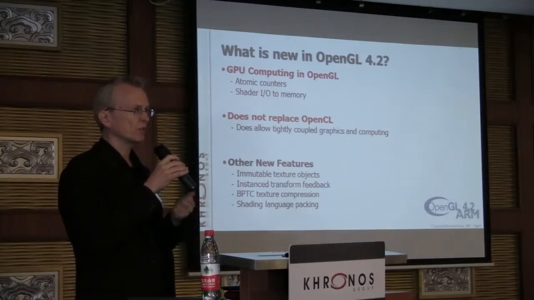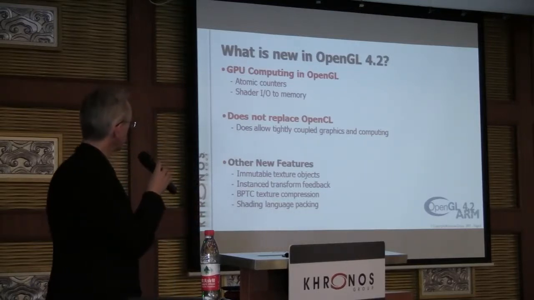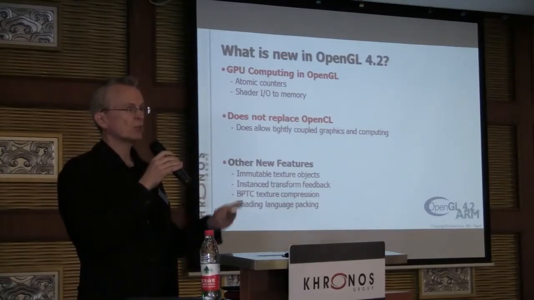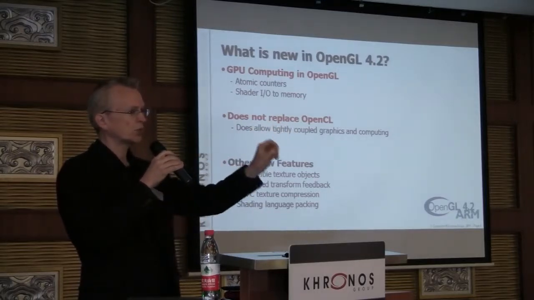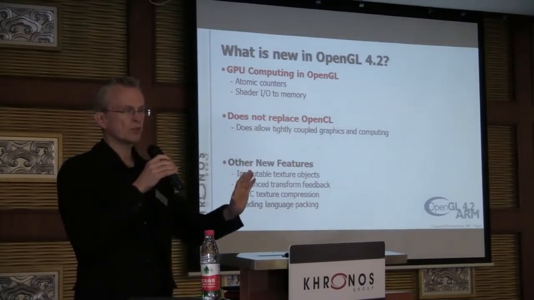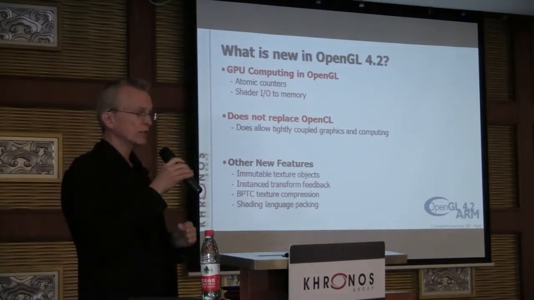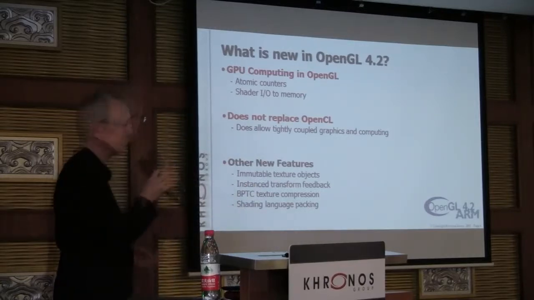So this helps performance if you can use immutable textures. Instance transform feedback allows you to capture the results of instance drawing calls. So you make one drawing call that draws multiple copies of an object with different state, and capture that into a buffer which the CPU can examine, or which can be used for multiple passes of rendering.